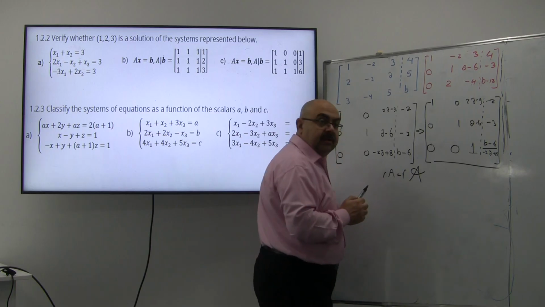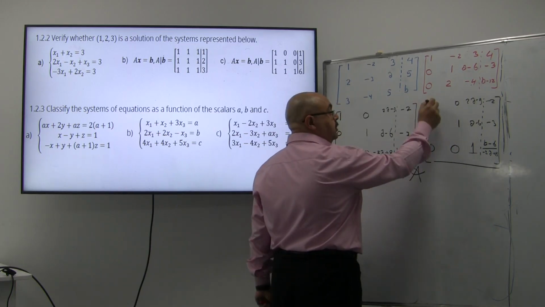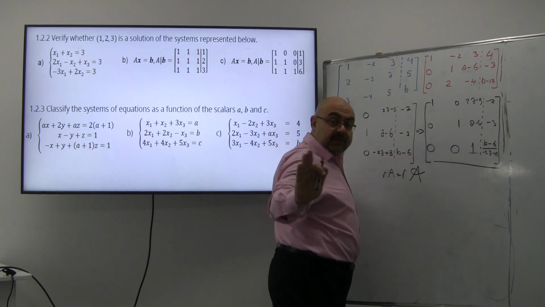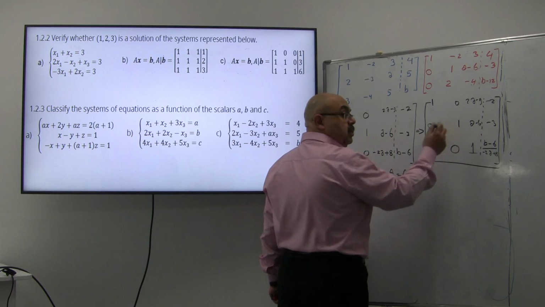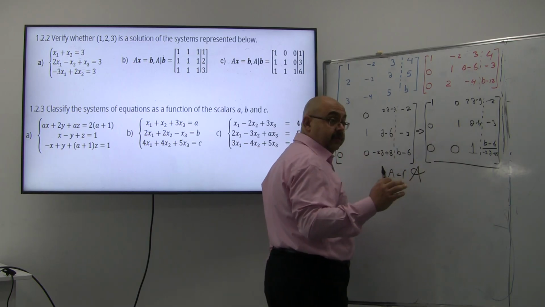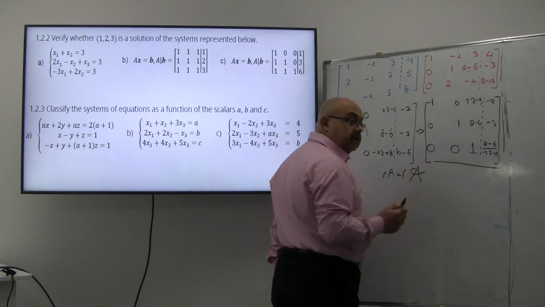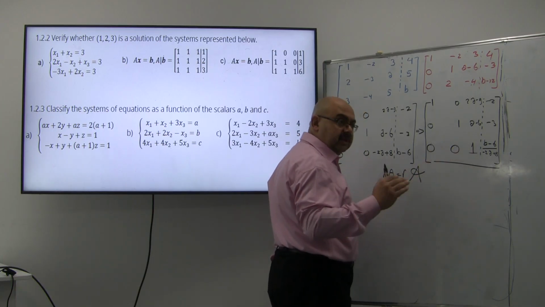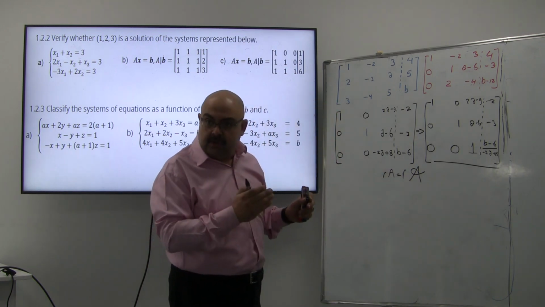Notice that the rank of A equals the rank of the augmented matrix. Here, take the second and third rows, because this row contains positive 1. It doesn't depend on the values of A or B. This row also contains positive 1, and doesn't depend on the values of A or B. This one also contains 1, and also doesn't depend on the values of A and B in this situation.